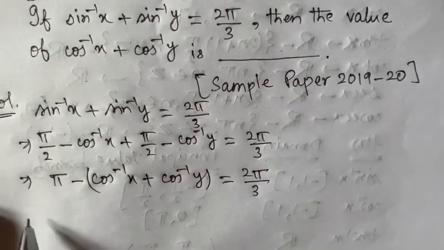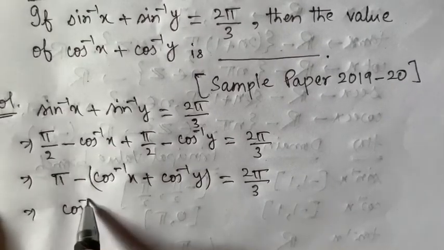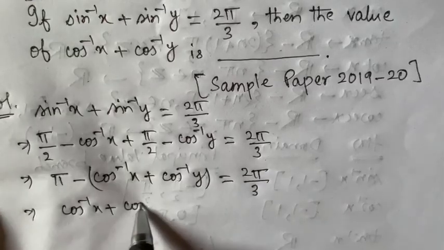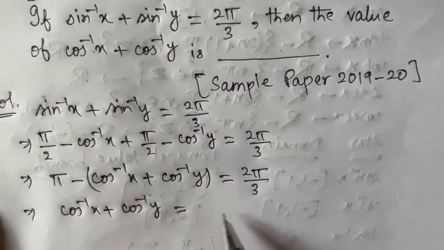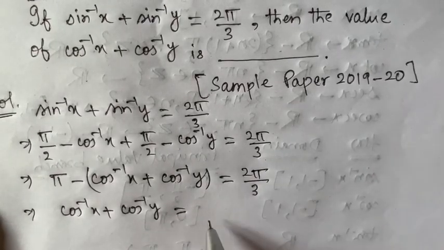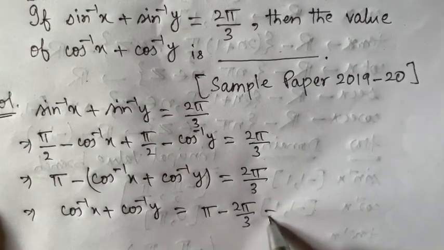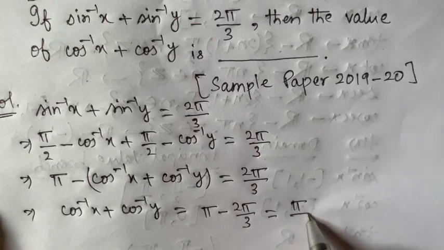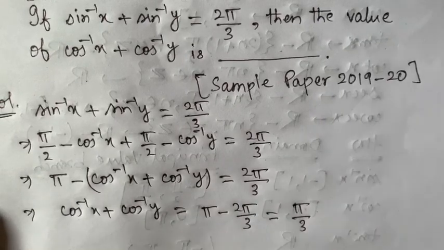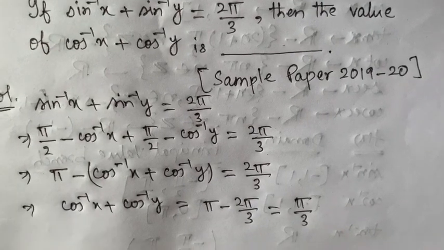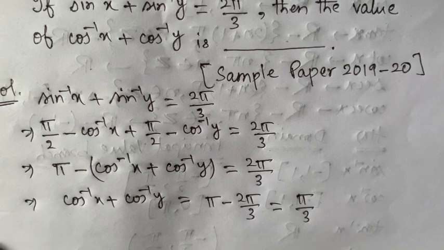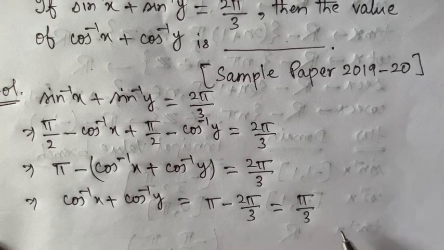Then we have cos inverse of x plus cos inverse of y is equal to pi minus 2 pi by 3, which will give us pi by 3 when simplified. So in the blank we will fill pi by 3, and pi by 3 is our answer.